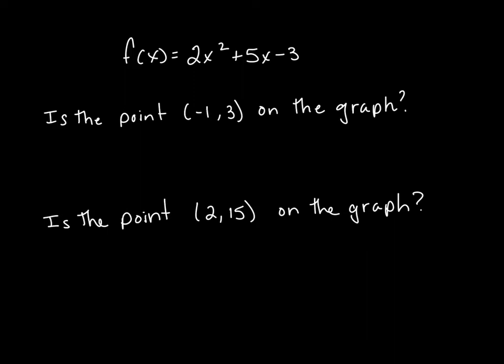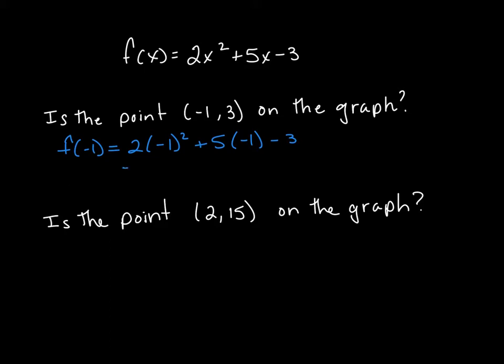All right, so if we are given a function f of x is equal to 2x squared plus 5x minus 3, is the point negative 1, 3 on the graph? Another way of saying this is, is this a solution? So our notation will be f of negative 1. I replace negative 1 for x and simplify that.